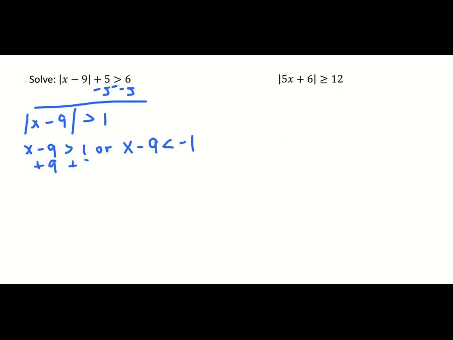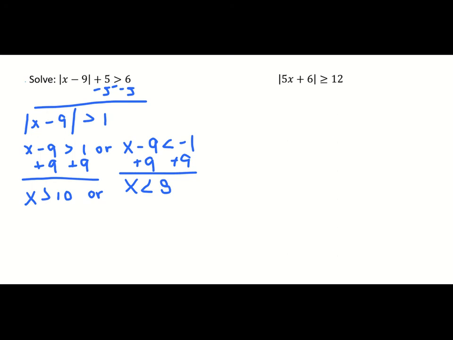So we'll add 9 to both sides and we get x is greater than 10, or here we'll add 9, and it will be x is less than 8. So x is greater than 10 or x is less than 8.